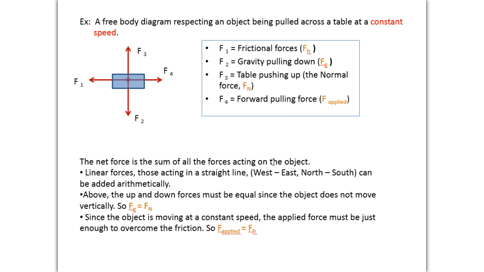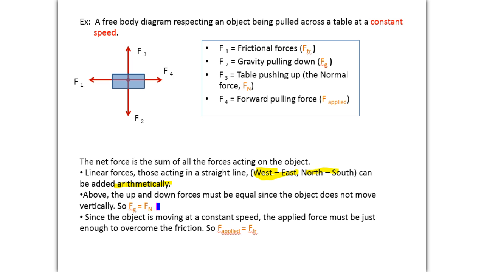What you have to consider with net force, and we'll begin this soon, is that you look at forces in opposite directions, those acting west-east and those acting north-south. We can add those arithmetically, and you'll see that in a second. And we can do the same with the force of gravity and normal force.